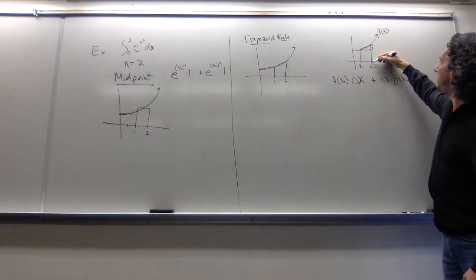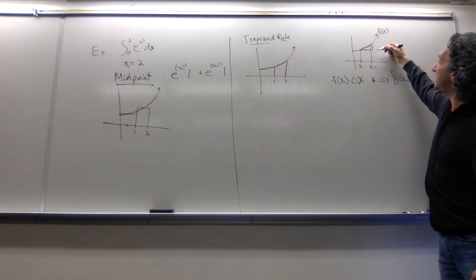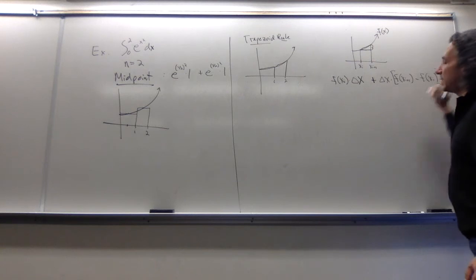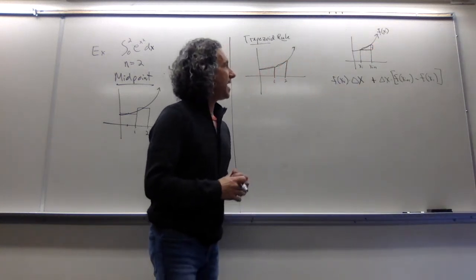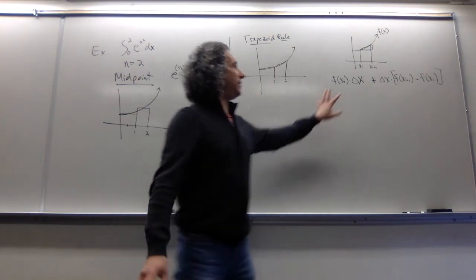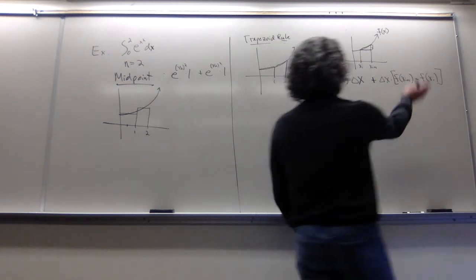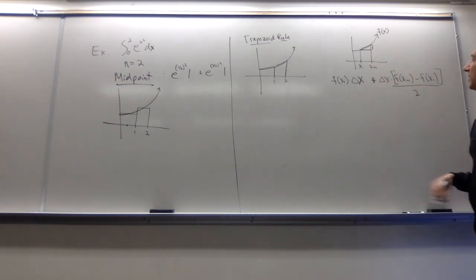That's this whole distance. This whole distance is f of x sub i. So can I just subtract those two to get that distance that I'm interested in? Yeah, I think I can. Well, that looks pretty messy. Let's see if we can clean it up a bit. And actually, before I do, base times height, I need to divide this whole thing by 2.